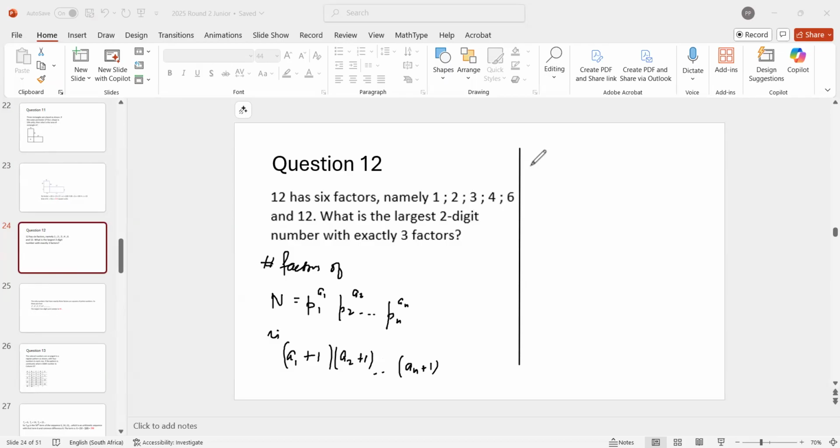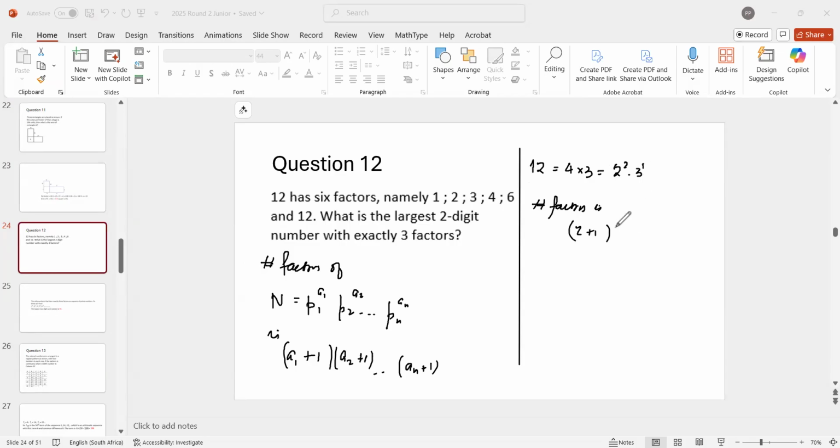If you write down 12 as a factorization, it is 4 times 3, and that's 2 squared times 3, and 2 and 3 are primes. So you can write 12 as a product of prime powers, and therefore the number of factors, according to the formula, is (2 plus 1). Take that index, increase it by 1.